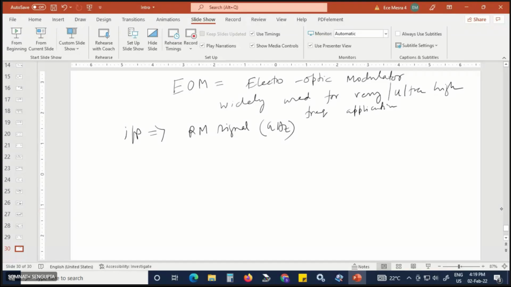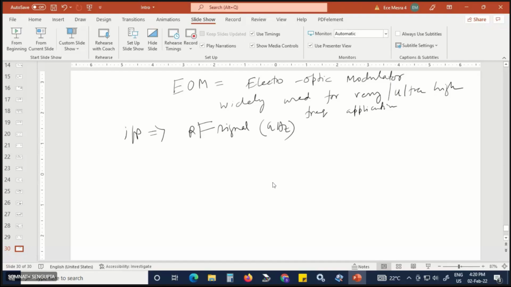So your signal is an RF signal, in the range of gigahertz or more than that. So how can you convert the electrical signal to an optical signal?